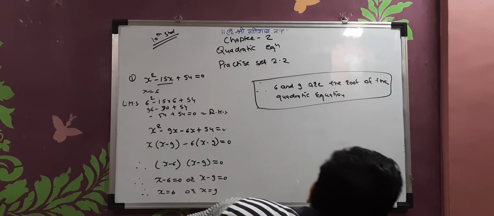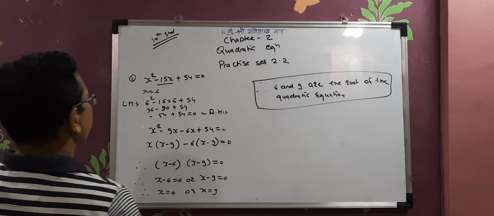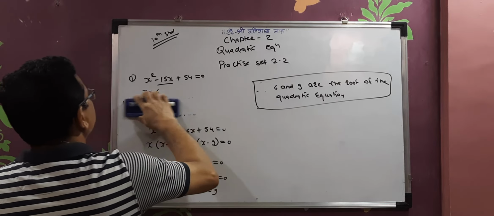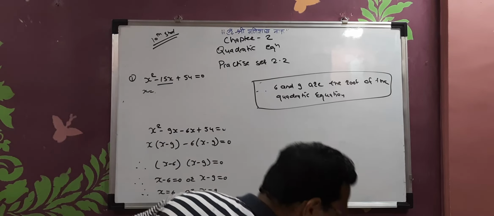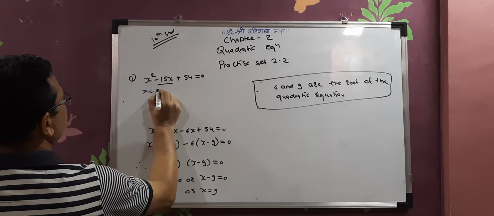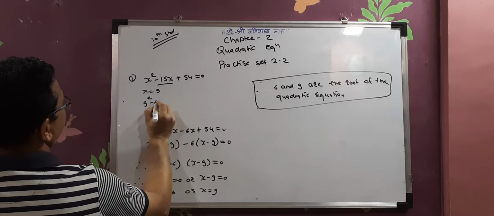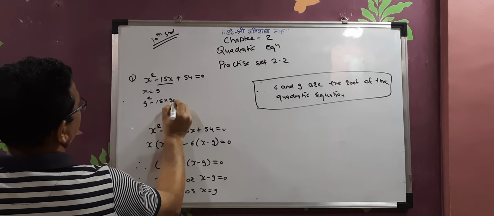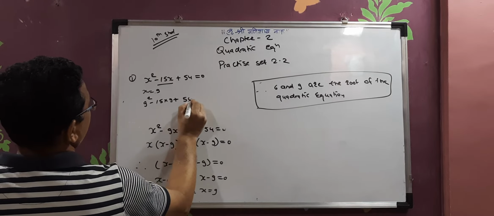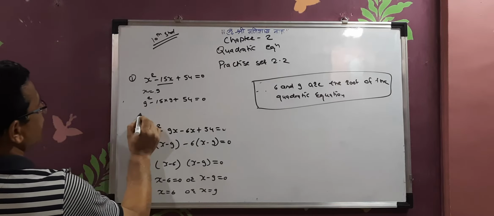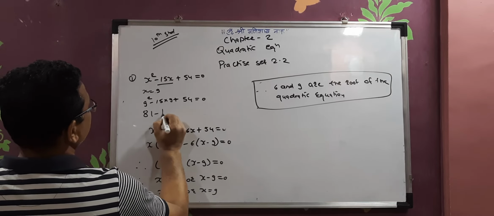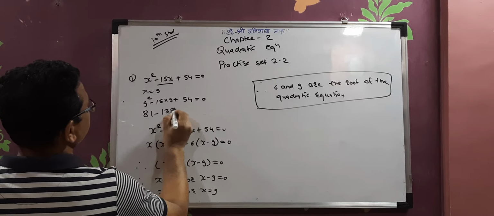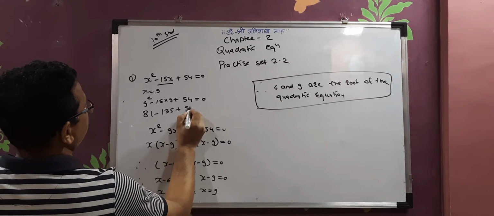Now we will see if we put x is equal to 9, whether it is satisfying the equation or not. So we will put x is equal to 9 here. So this is 9 square minus 15 into 9 plus 54 is equal to 0. So 9 nines are 81, 15 nines are 135, plus 54.